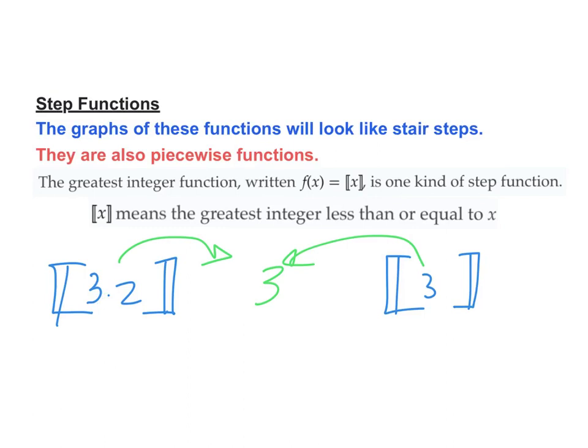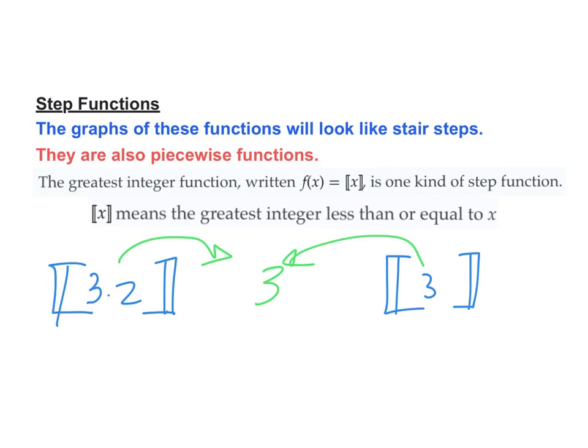Any 3 point whatever, 3 and a fraction, all the way up to 3.99999, drops back down to 3. That's what the greatest integer function does. It makes it equal to or less than the value that you have, so long as the output value is an integer.